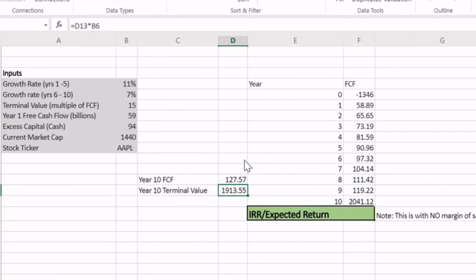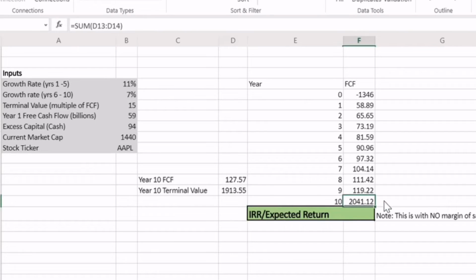So if we look to sell the business in year 10, we're also going to get some cash inflows from that. And this is where our free cash flow multiple comes in. So this 1.9 trillion is just simply our year 10 free cash flows multiplied by 15 to come up with that number.